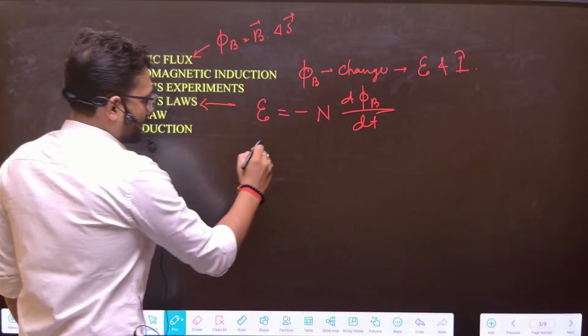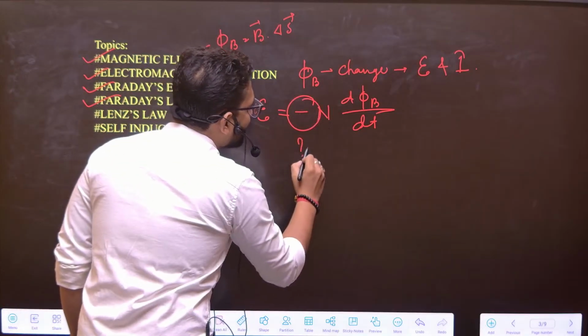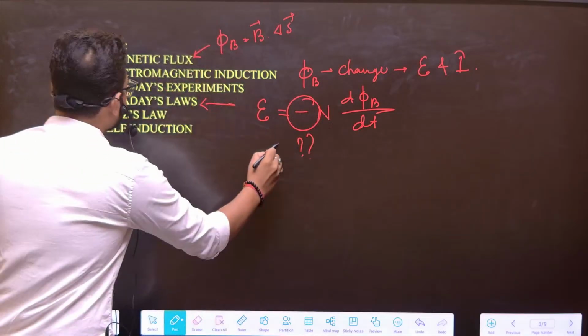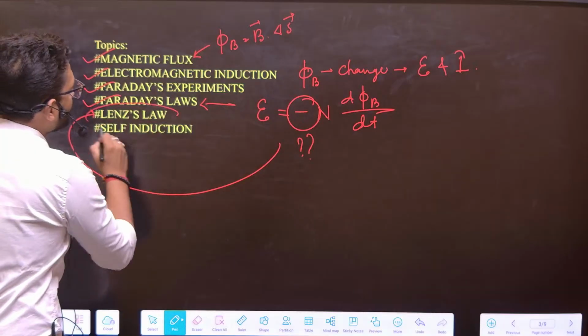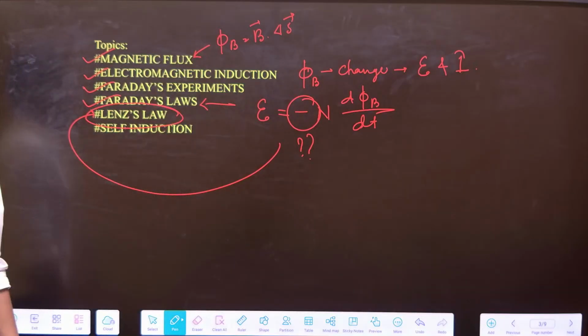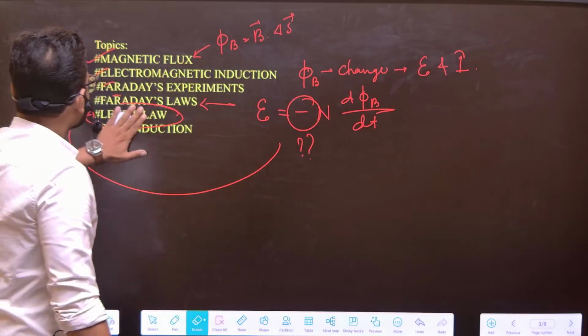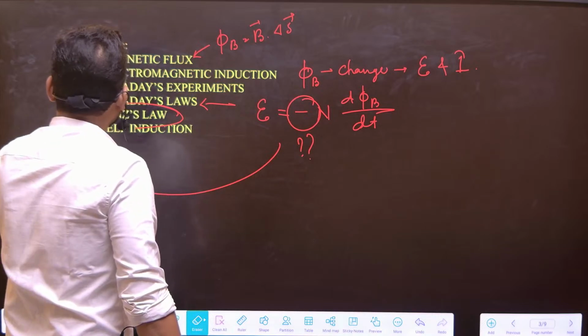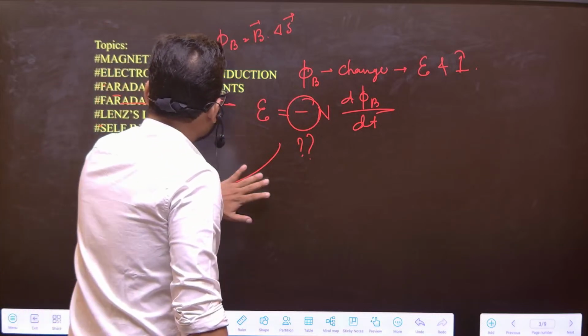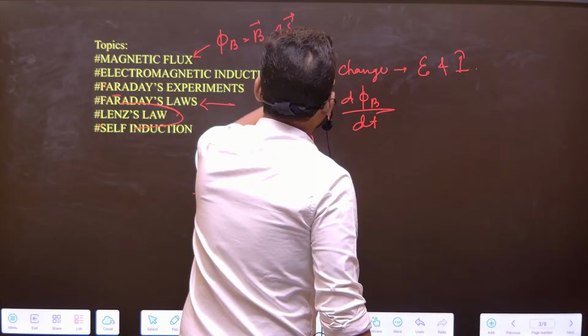Then, why does this negative sign appear? The answer lies in this topic, which is Lenz's law. Now we will try to figure out what Lenz's law is.